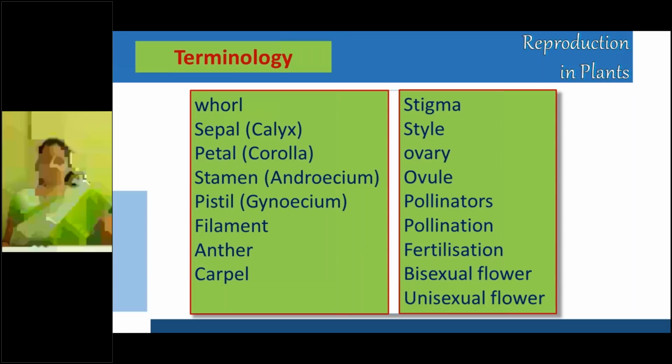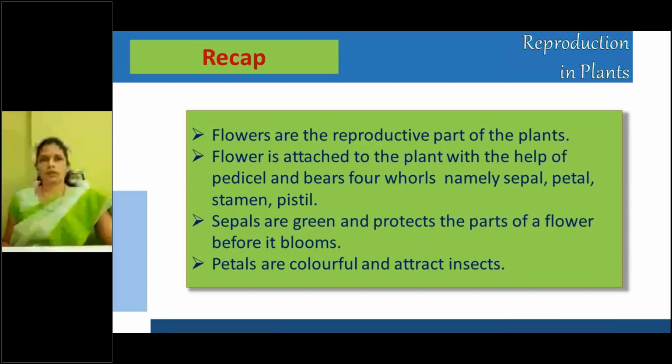Now let us have a recap of this session point-wise. Flowers are the reproductive parts of the plants. A flower is attached to the plant with the help of the pedicel and bears four whorls, namely sepal, petal, stamen, and pistil.